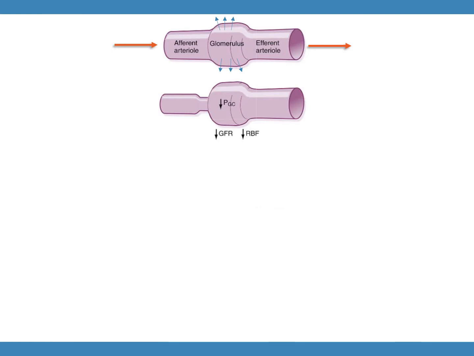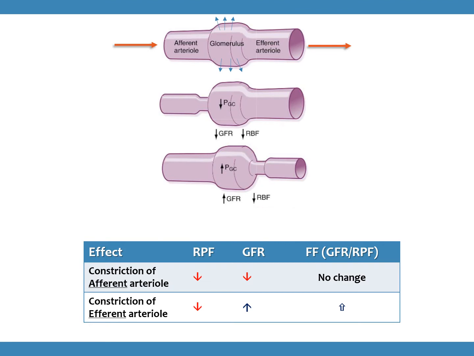If there is constriction of the efferent arteriole, what will happen? Interestingly, GFR will increase, but renal blood flow will decrease. So if I put it in a table here, constriction of the afferent arteriole reduces both renal plasma flow and GFR.